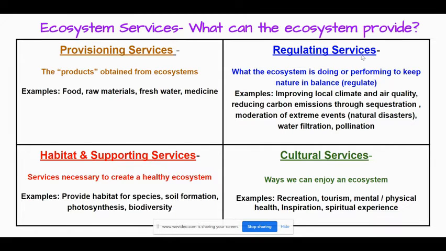If you've got this information down and you're ready to move on, we're going to look at the regulating services. This is a tough one. Regulating services look at what the ecosystem is doing to keep nature in balance, or quote unquote regulate the balance of the ecosystem.